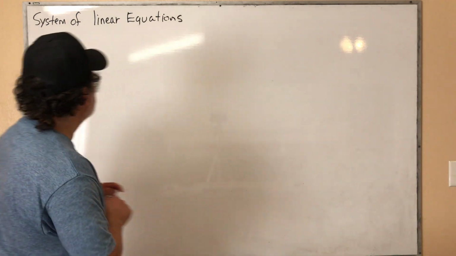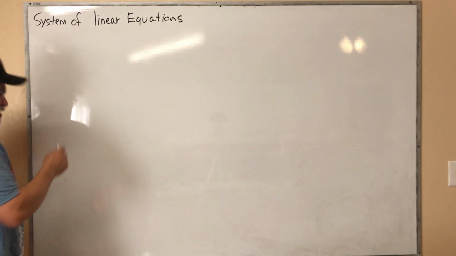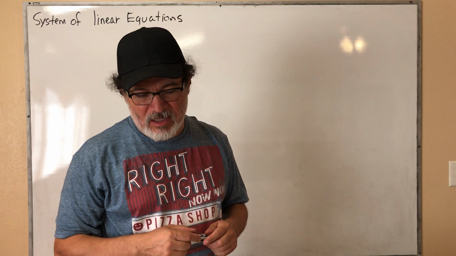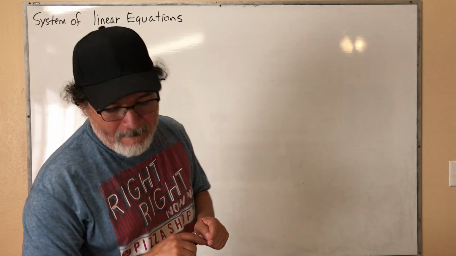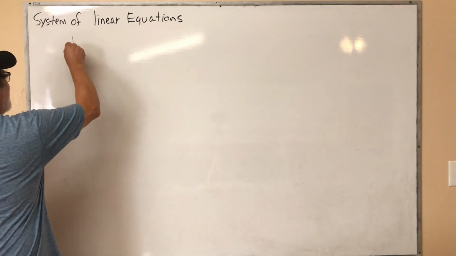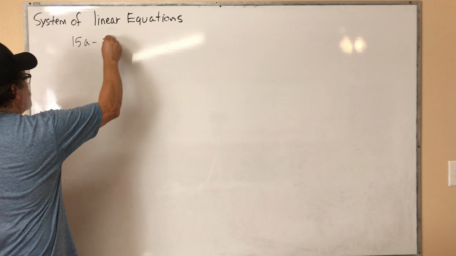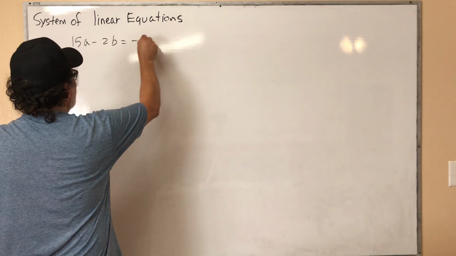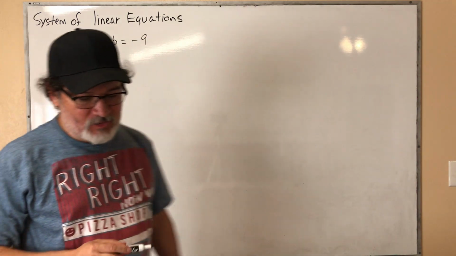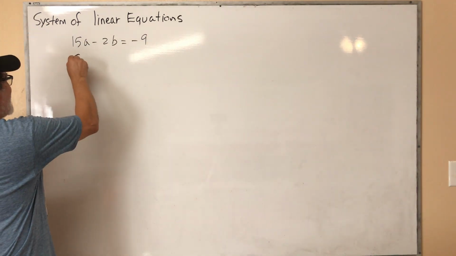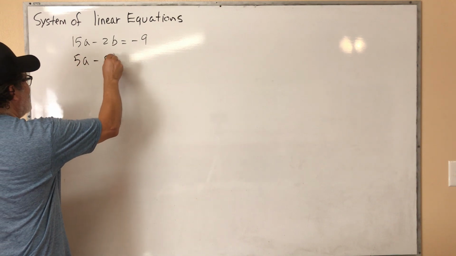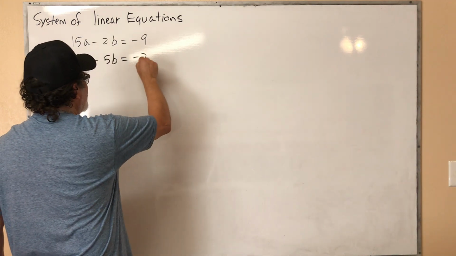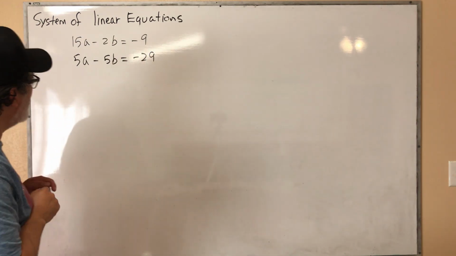Solve the system. 15a minus 2b equals -9. The next one is 5a minus 5b equals -29. Okay? All right.